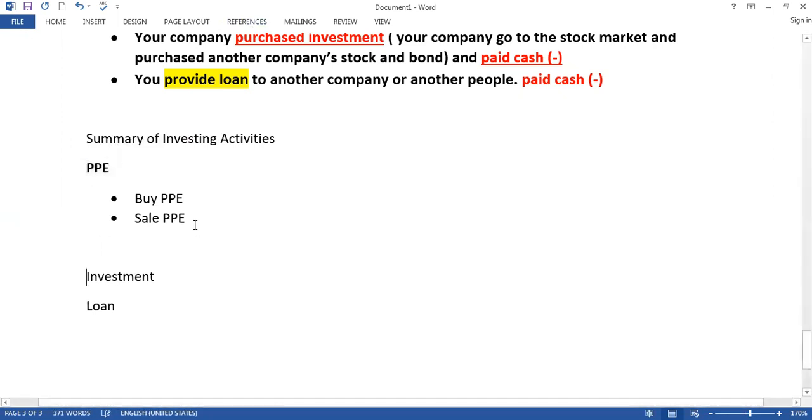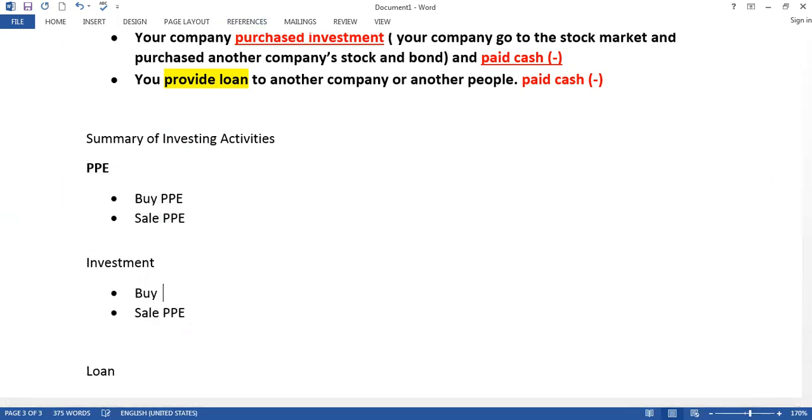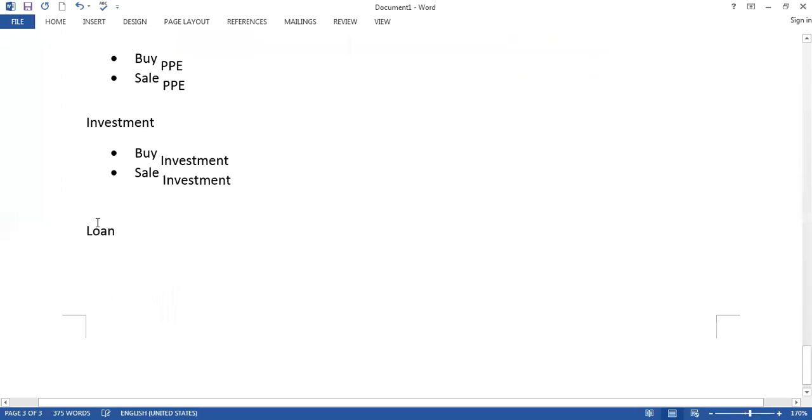Then for the investment, we have the same. We buy investment and we sell investment. For the loan, we have again two components for the loan.